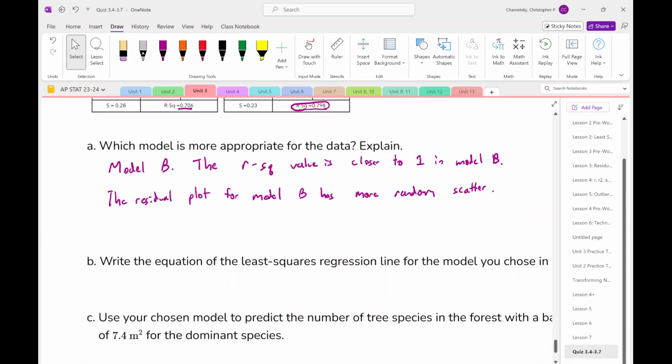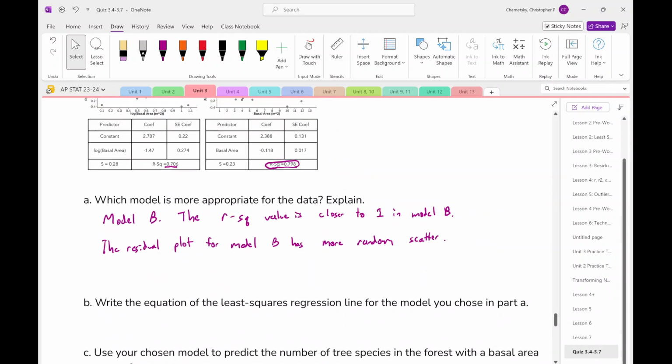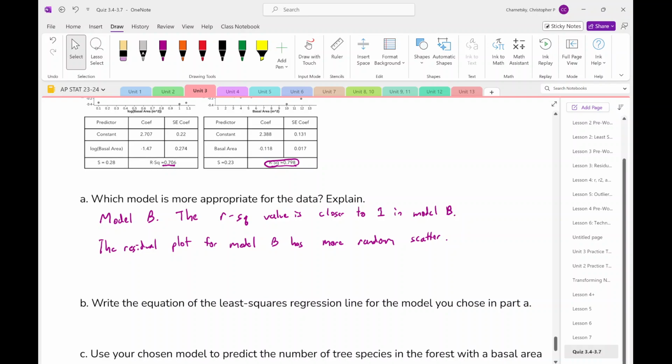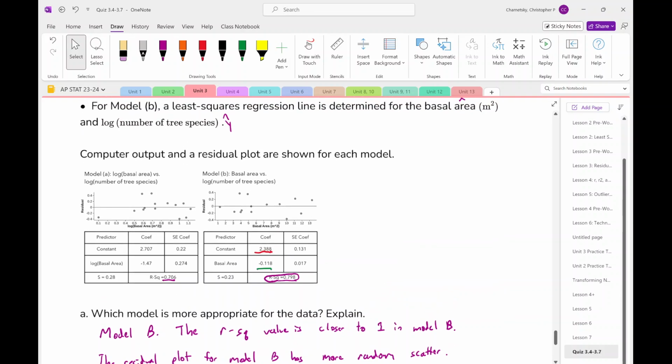Okay, so since we are using Model B, we need to write the equation for the least squared regression line. So our constant is here, so we're going to write it as 2.388, and then our slope is here, so minus 0.118. Now remember what our x's and y's are for this.